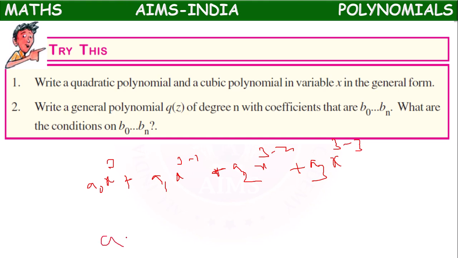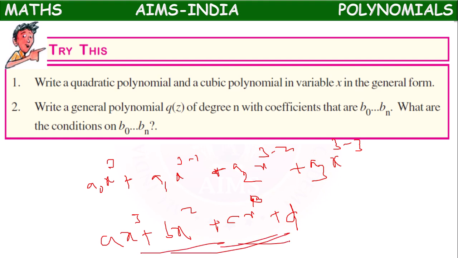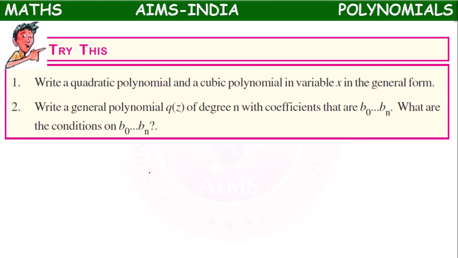So a0, let's take constant a, x cube, plus a1, let's take constant b, x square, a2, let's take constant c, x power 1, a3, let's take constant d, x power 0, no need to mention. So ax cube plus bx square plus cx plus d. Like this, any polynomial of any degree we can write with the help of the general form.